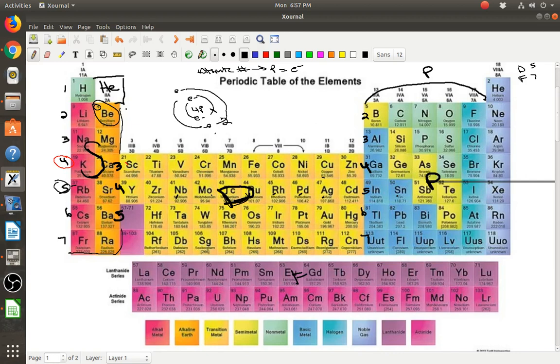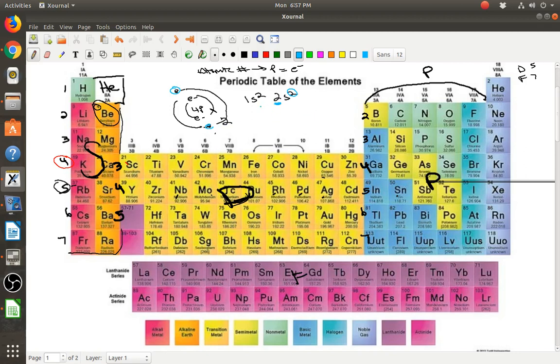If you look at the electron configuration for beryllium, it would be 1s2 and then 2s2. This number is the highest energy level, and it has 2 electrons in the highest energy level. There they are. So these 2 electrons are in the 2s2. They're farthest away from the nucleus. They have more energy.